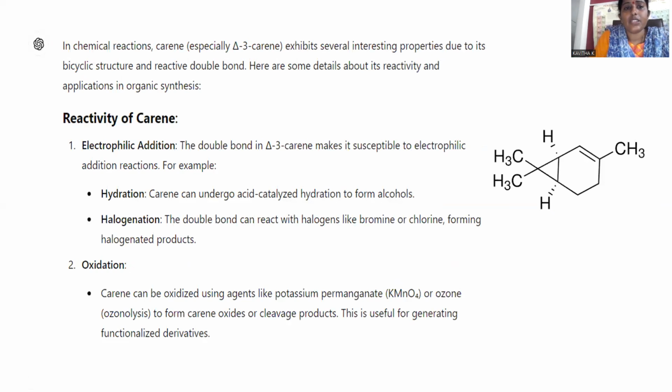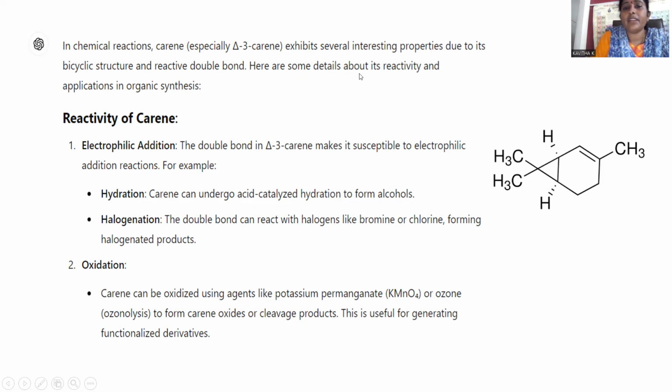The chemical reactions of carene, especially 3-delta-3-carene, exhibit several interesting properties due to its bicyclic structure. Just now we saw the six-membered ring and another three-membered ring. Because of this kind of arrangement, its properties are imparted.